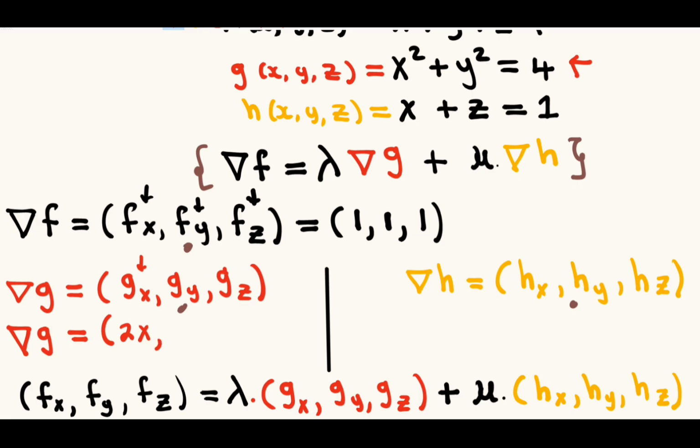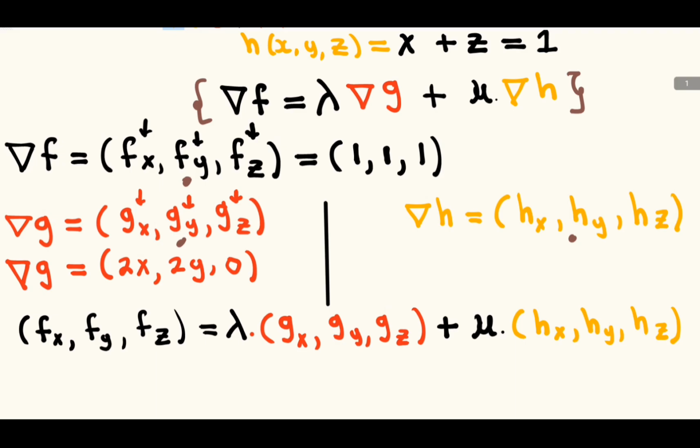And the partial derivative of g with respect to y: the derivative of x squared will be equal to 0, and the derivative of y squared will be equal to 2y. The partial derivative of g with respect to z: the derivative of x squared plus y squared will be equal to 0.